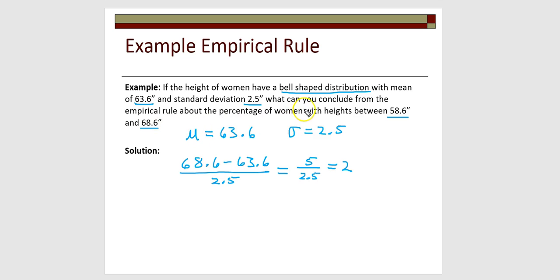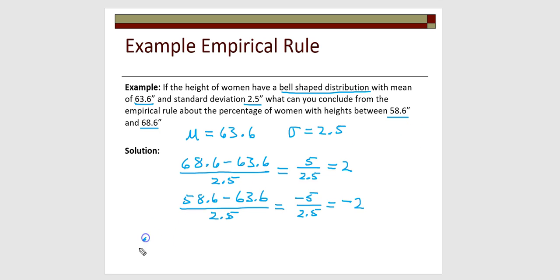Now to apply the empirical rule, we would also need 58.6 to be 2 standard deviations away from the mean as well, or else we couldn't apply the empirical rule. So we need to check that out. So if we look at 58.6 minus 63.6 and we divide that by 2.5, we will get negative 5 over 2.5, and that is negative 2. So yes, 58.6 is also 2 standard deviations to the left of the mean.